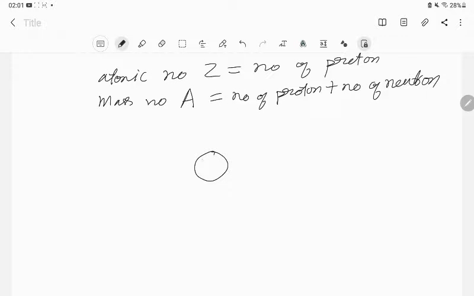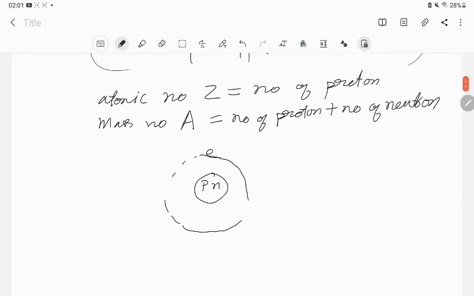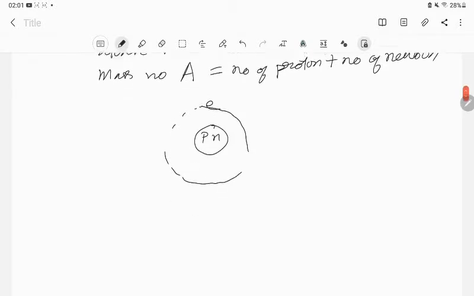Inside the nucleus we have protons and neutrons, and outside the nucleus electrons are revolving. So atomic number is the number of protons, and the number of protons and electrons are equal.